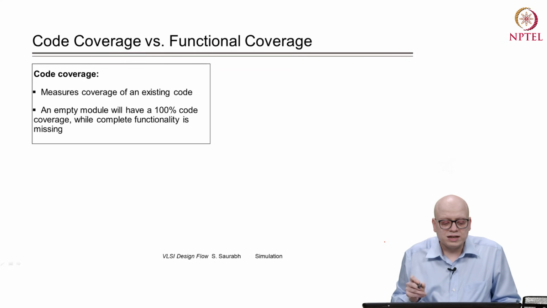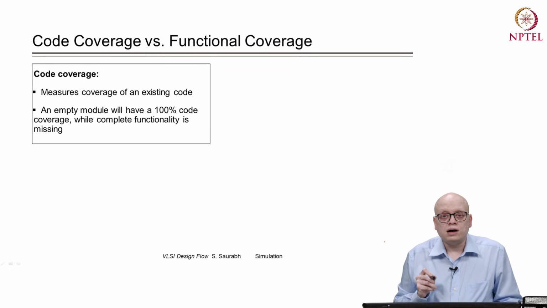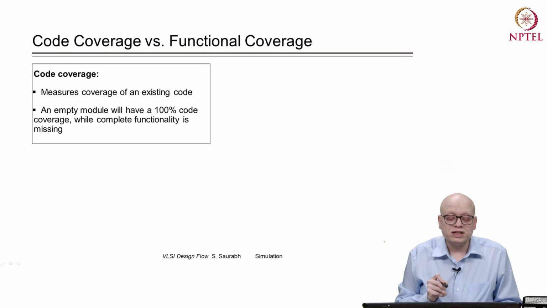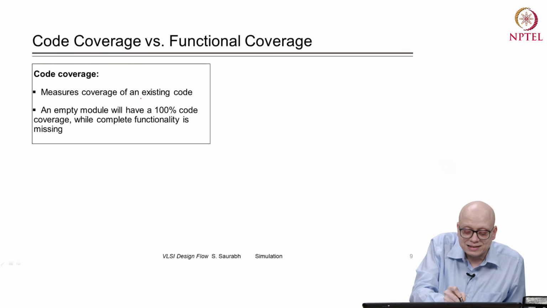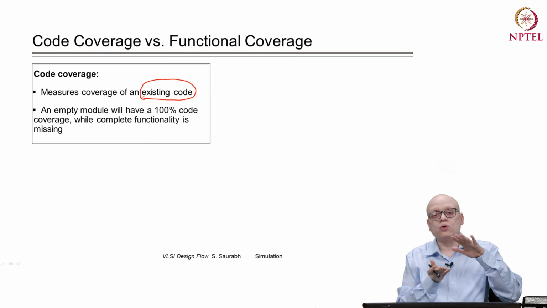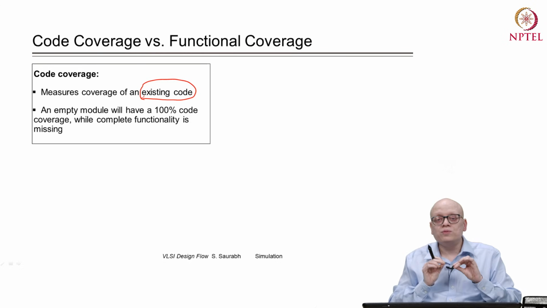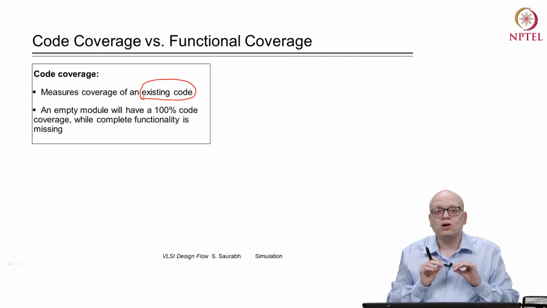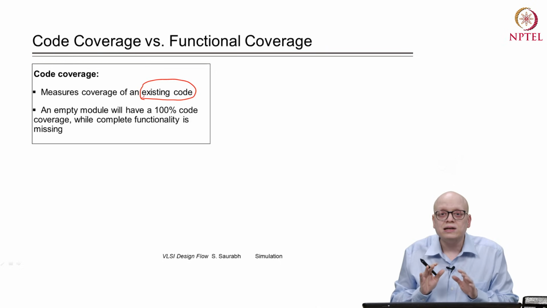A point to note is that code coverage measures coverage of an existing RTL code, right. We already have written a code. Now, in that code, which lines are covered and not covered, the code coverage can only measure that.